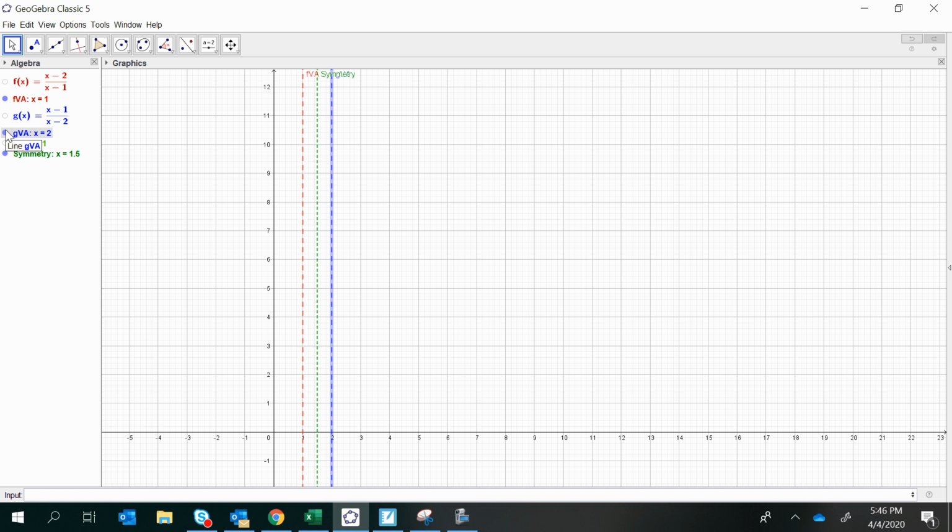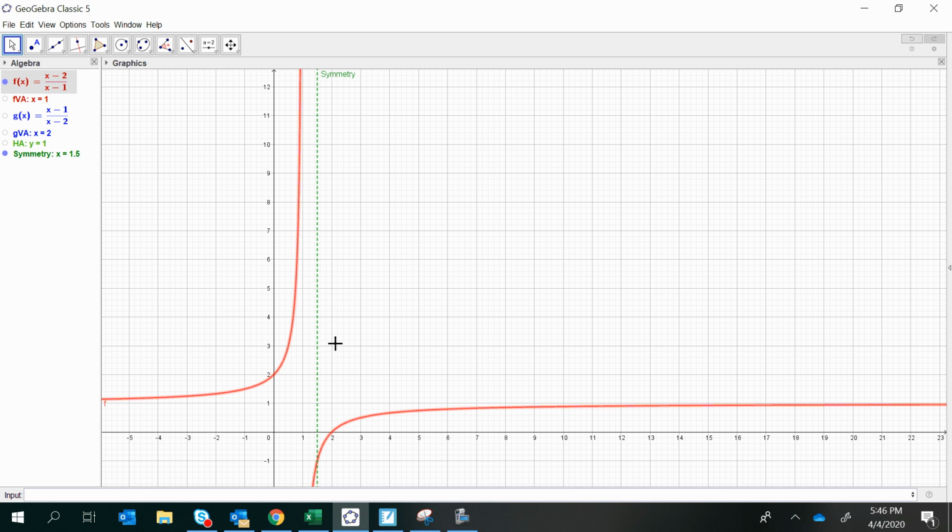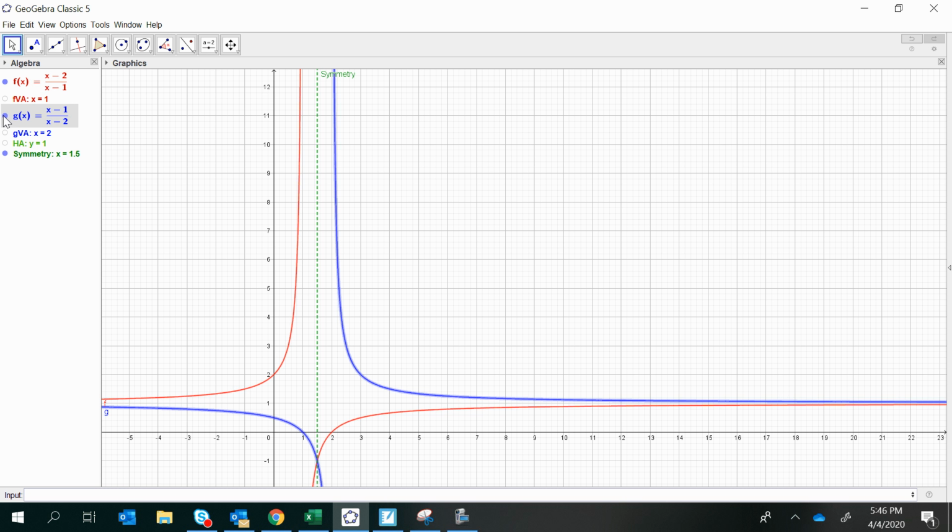But they're also not truly symmetric to that, because if you just have the red function and you fold along the green symmetry line, it won't match up on each side. They're only symmetric together. They make a symmetric picture together. But it's just something curious and interesting.